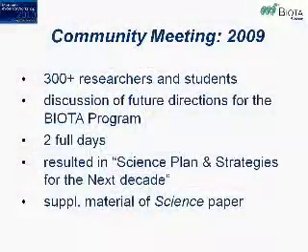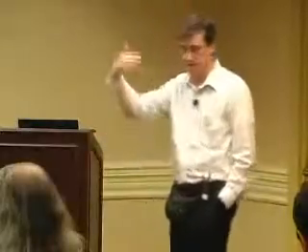All right, okay. Apart from that, there was a community meeting in 2009, last year, where everyone involved in the project, or in several projects that comprise the program, more than 300 researchers and students got together for 2 full days and discussed what they want in the next 10 years, just to put a time frame towards the future.